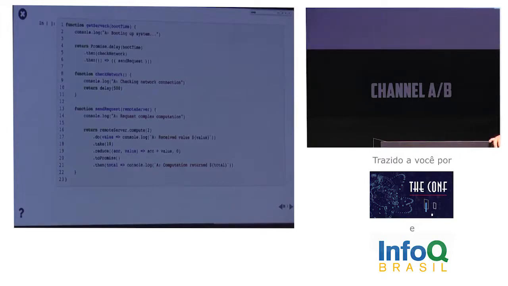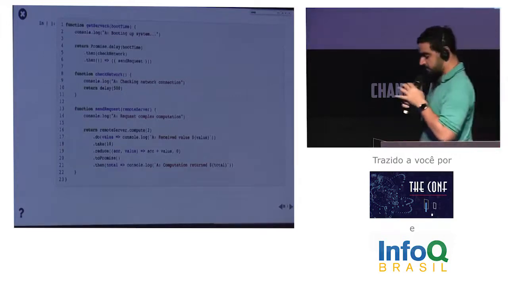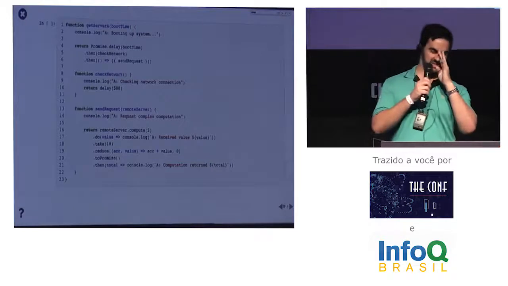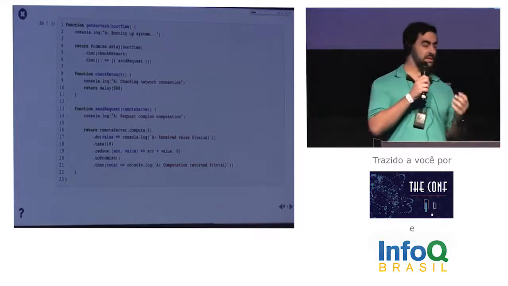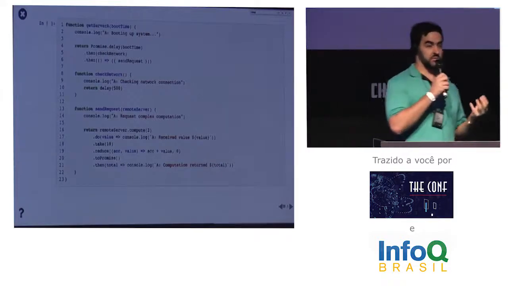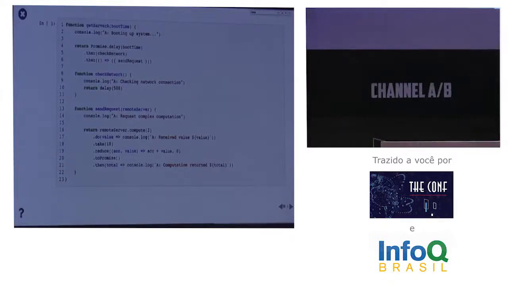In particular, something that Promises and Async Await don't solve very well at the moment is when you have a stream of events, or you await many events that might happen, or that might even never happen.